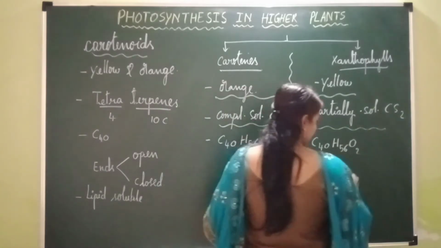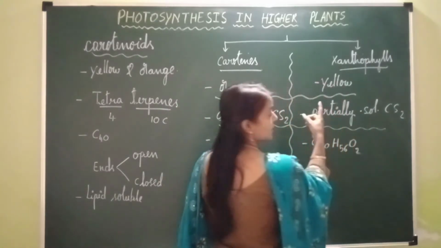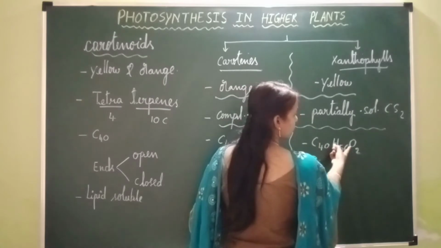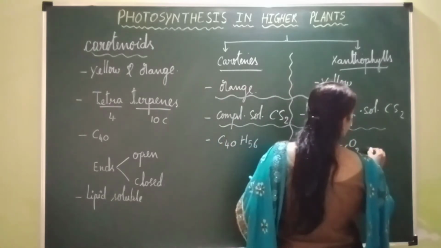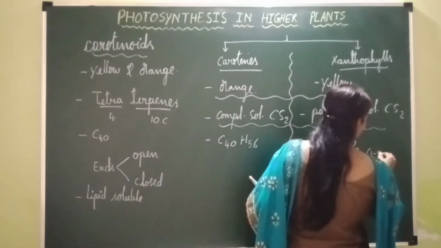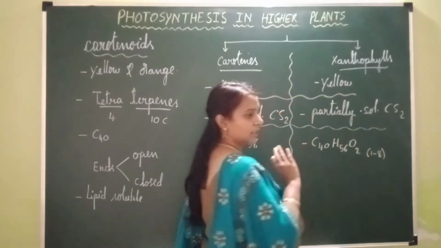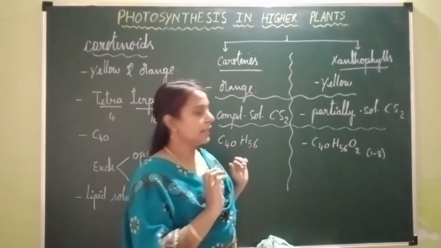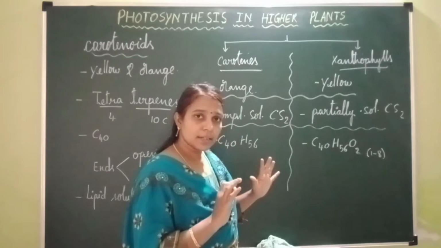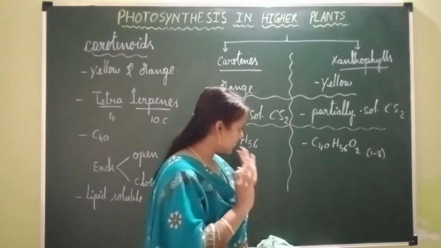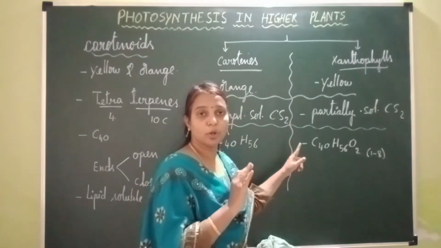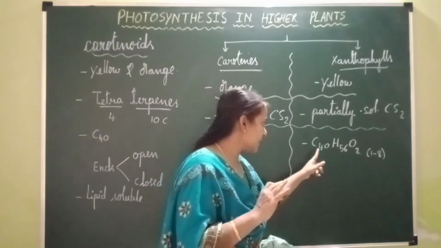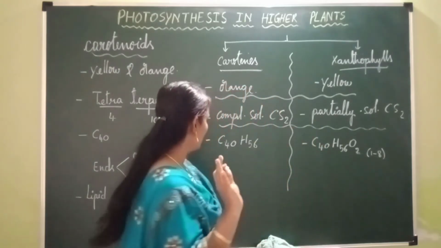Generally the number of oxygens in xanthophylls is 2, but it can range from 1 to 8. Hence we generally write the formula as C40H56O2.